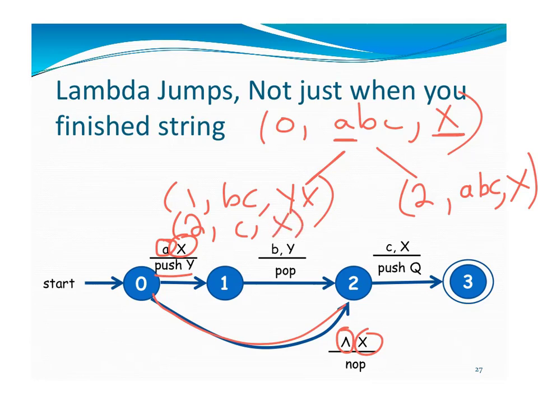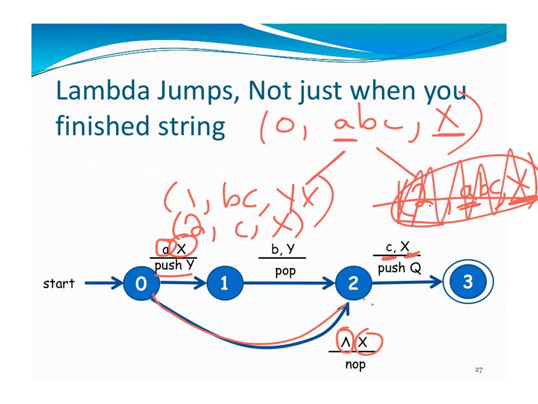Or if I were taking the second path here, I was at state 2 and I had ABC, and I say, oh, look, A is next, and I have an X on the stack. Well, I do have an X on the stack, but the only thing I can do here is if I have a C, so it kind of dies.